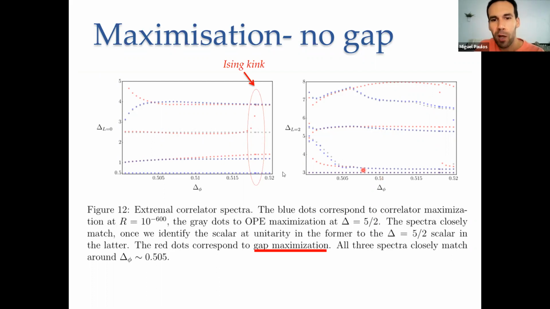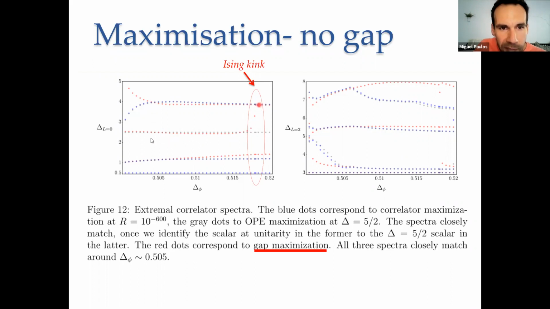But then there is a surprise, because if you also put in this plot the spectrum of gap maximization, which a priori has nothing to do with this story, then all three spectra seem to coincide around 0.505, more or less here, depending on how you define it. Recall, gap max corresponds to the Ising model here. So here's the Ising kink, for instance. This drop corresponds to the operator epsilon prime, which has dimension 3.84.